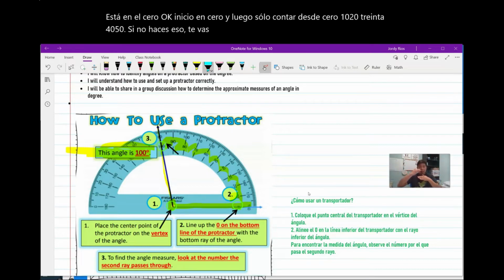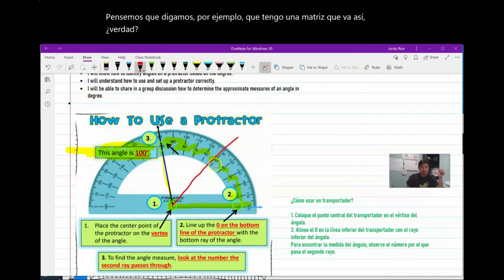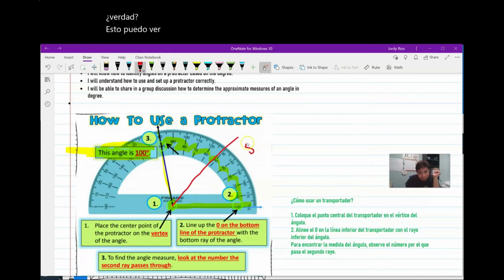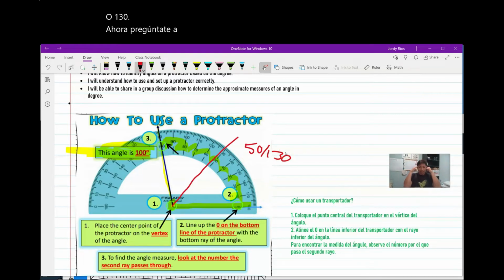Okay, and let's just say, for an example, I have a ray that goes like this, right? I can see that this ray is touching either 50 or 130. Now ask yourself the question, okay?